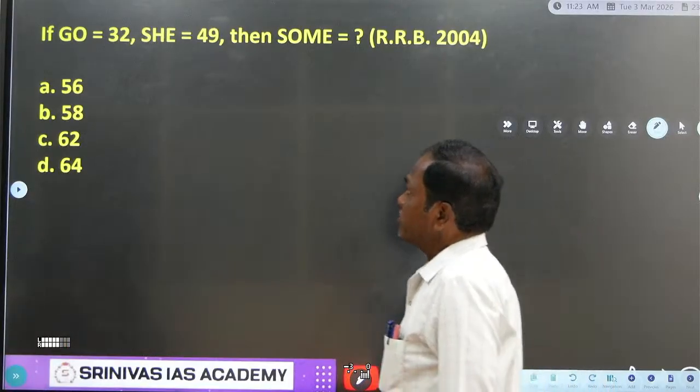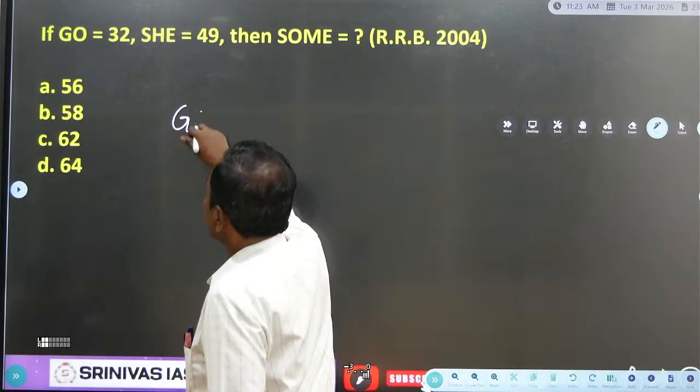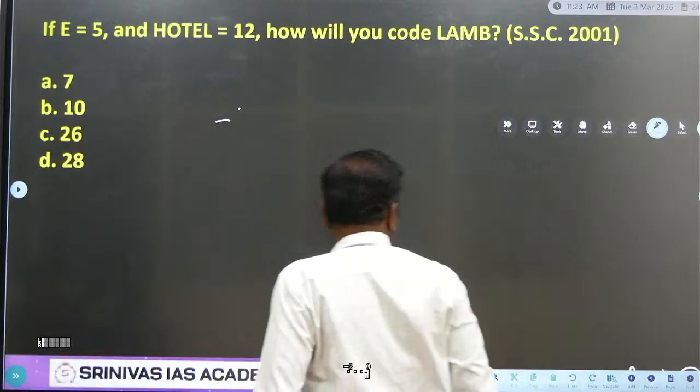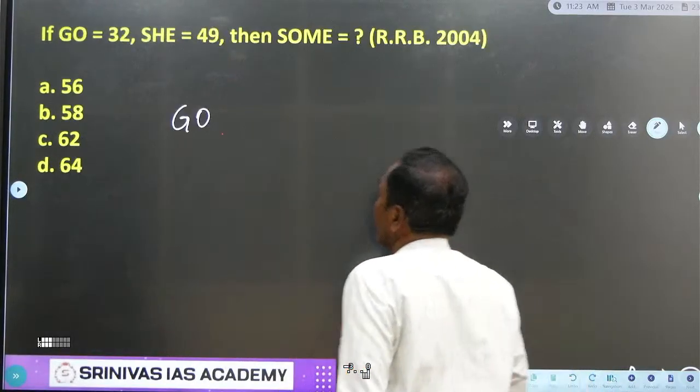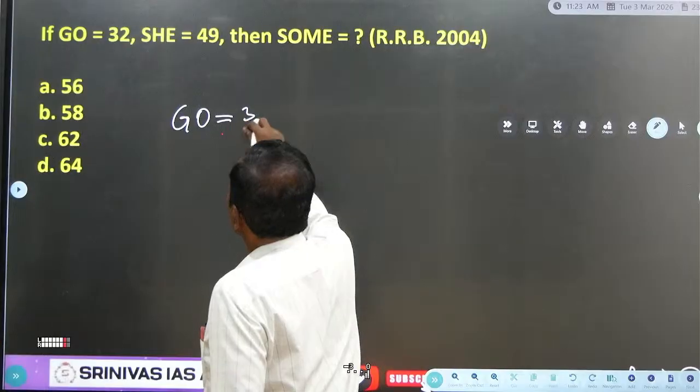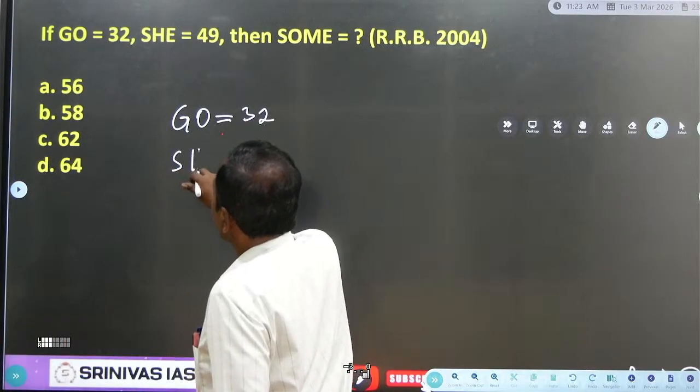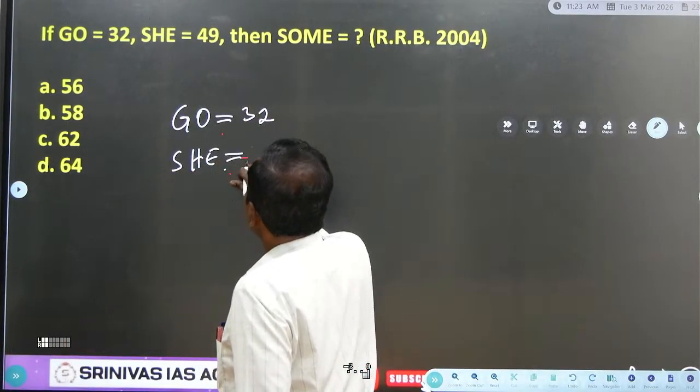Next, go equals 32. Some equals question mark. Go equals 32, she equals 49.